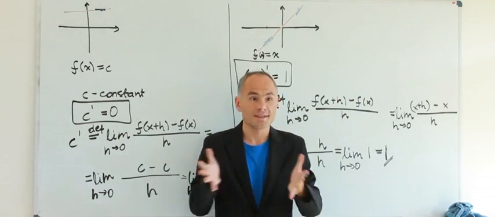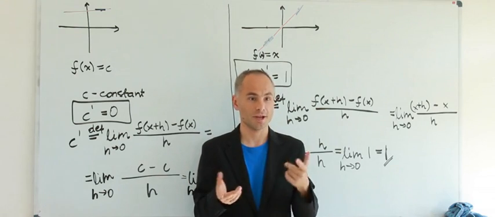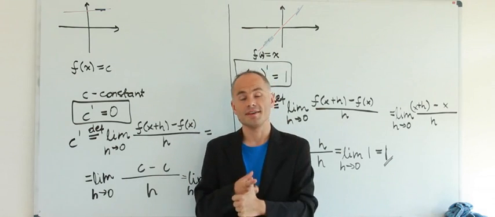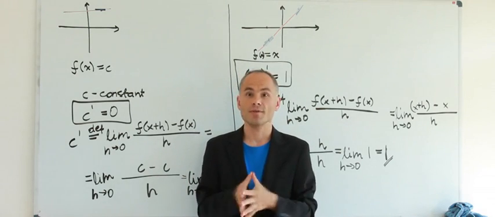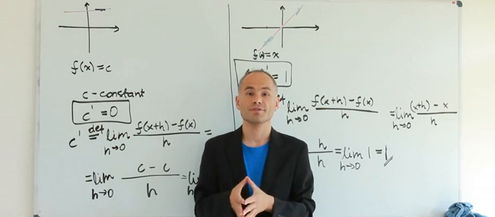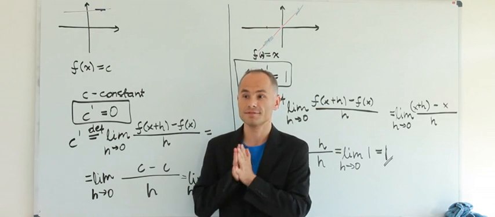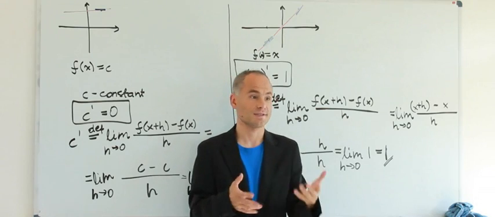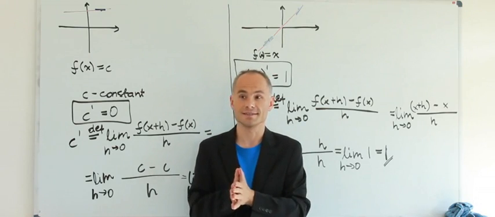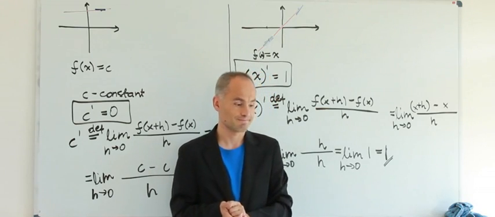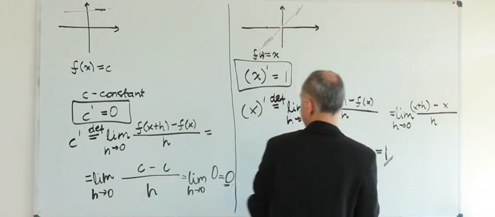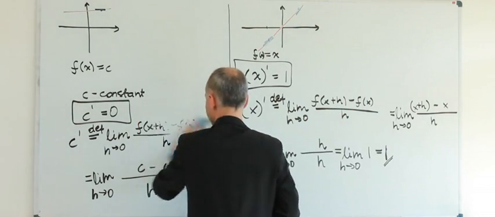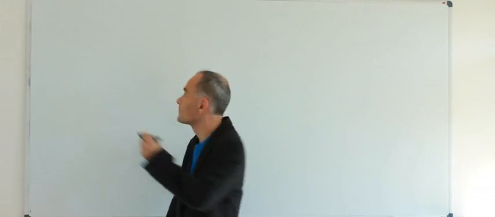Okay, so what's the next step? We already have the constant and the identity function. So now we probably would like to come up with a formula for the derivative of x squared, x to the third, x to the fourth, in general, x to the n. So now I'd like to do that. Let us guess what the formula for the derivative of, say, x cubed might be.